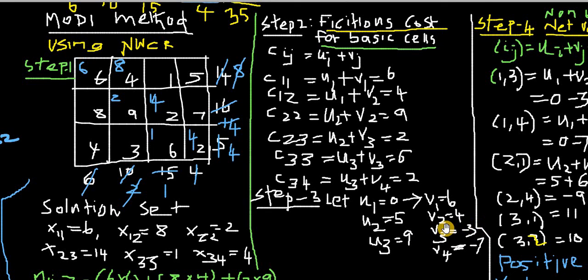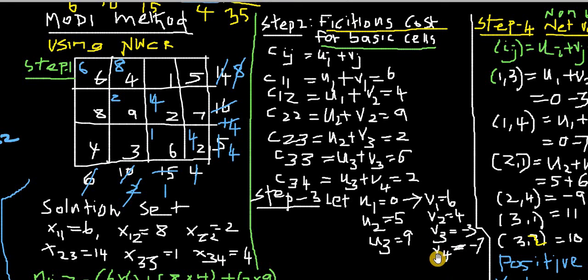Similarly, now we have to find U3. V3 value we had just now is minus 3. Therefore, what is U3? You bring that to this side, minus 3, 9 will come there. Therefore U3 is equal to 9. If U3 is equal to 9, what is V4? You bring that to that side, 2 minus 9 is minus 7. V4 is equal to minus 7.